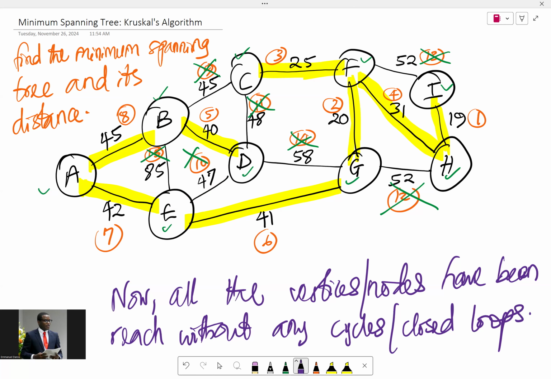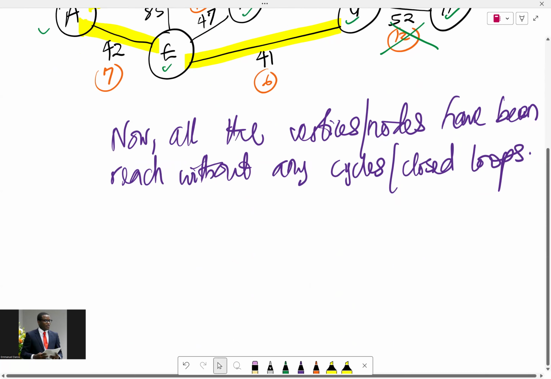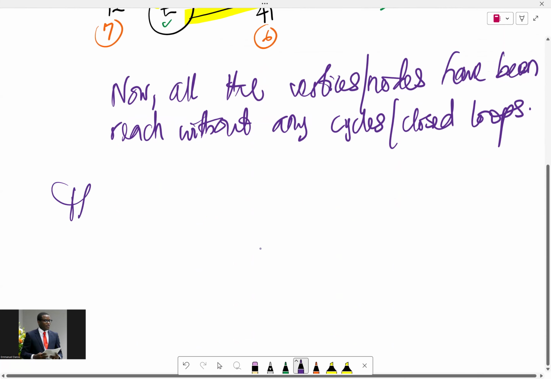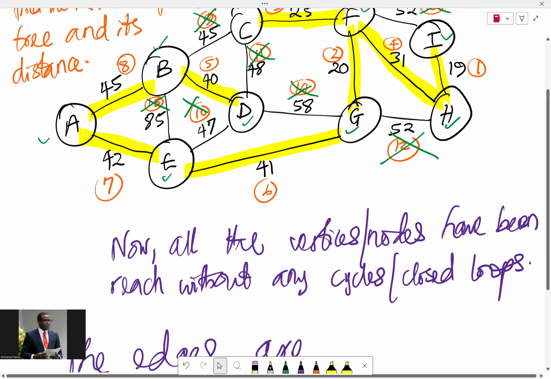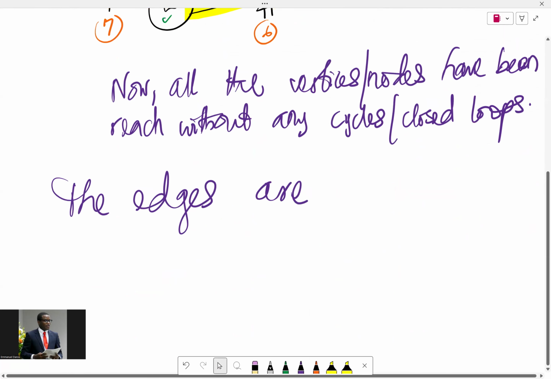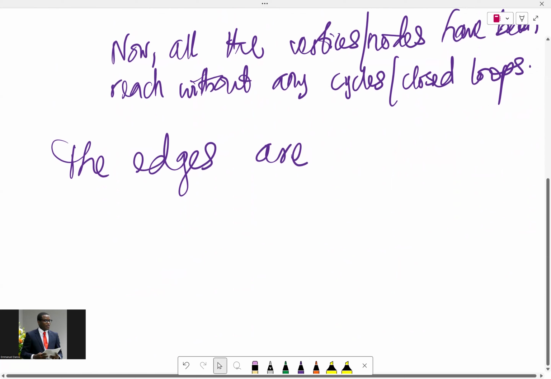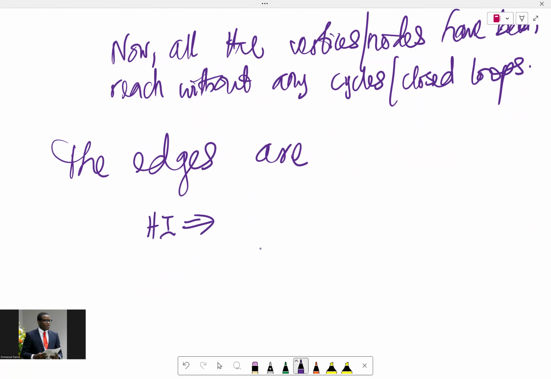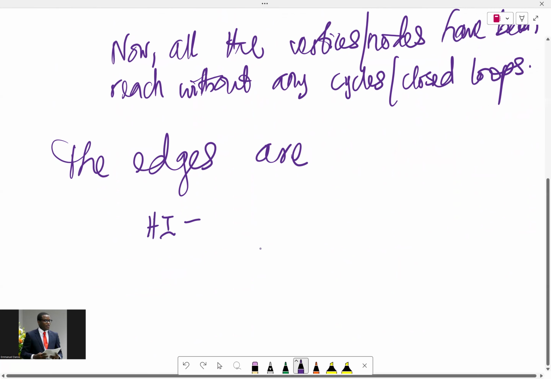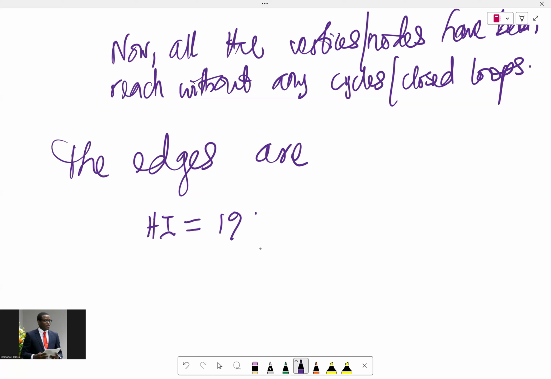Okay. So now the edges. Since you are starting from the smallest to the biggest, we have the edges as HI, which is 19 kilometers.